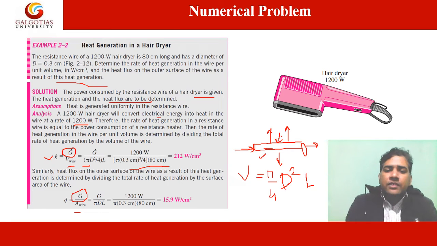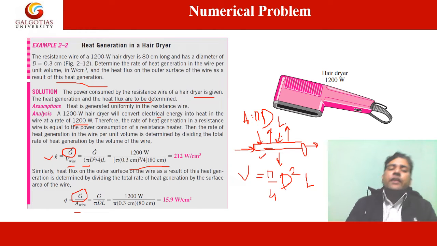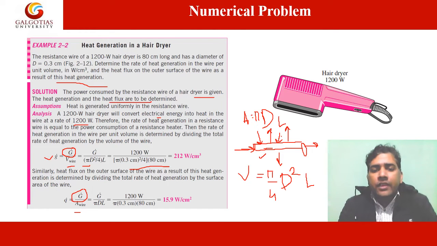Now the surface area is given as the perimeter into length, so it is equal to pi into d into L. In this way, the area of this surface can be calculated.